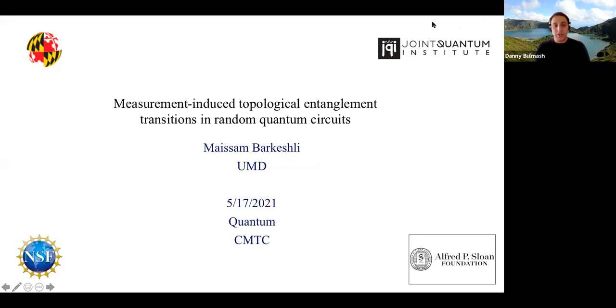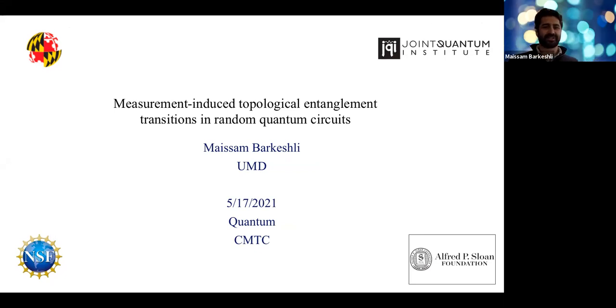All right. So our next speaker will be Maissam Barkeshli from University of Maryland, from CMTC, and he'll be talking about measurement-induced topological entanglement transitions in random quantum circuits. Okay, thanks, Danny, for the introduction, and thanks to Shankar for the invitation and for organizing this, and to all the other organizers.